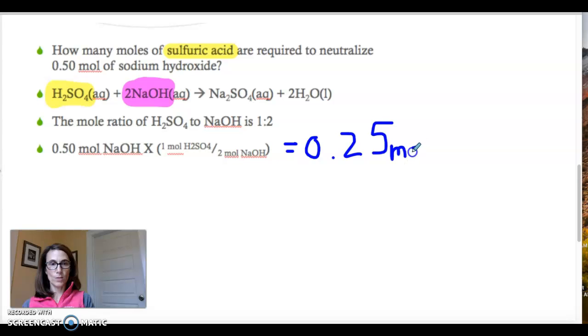I really apologize for my handwriting here. 0.25 moles of H2SO4, that's an S, would be required to neutralize that given moles of NaOH.